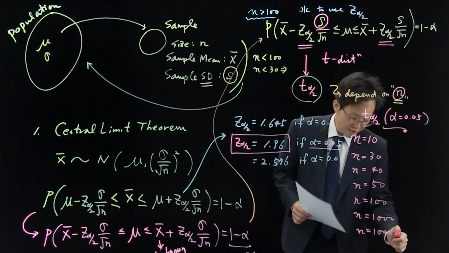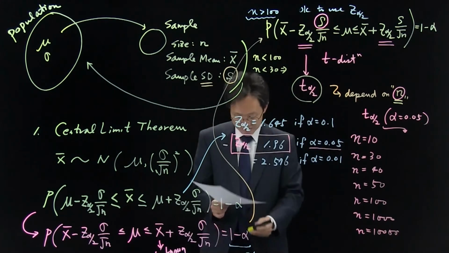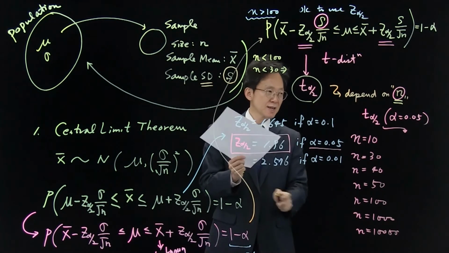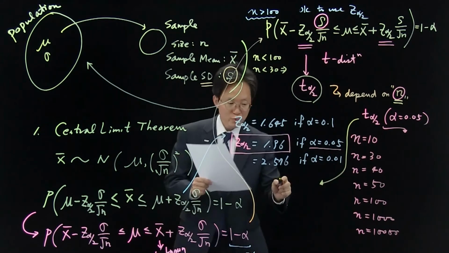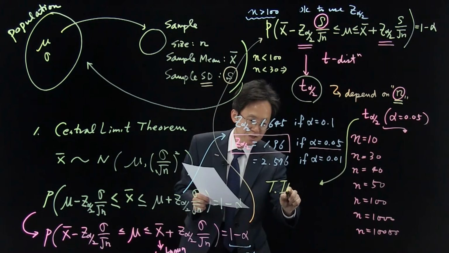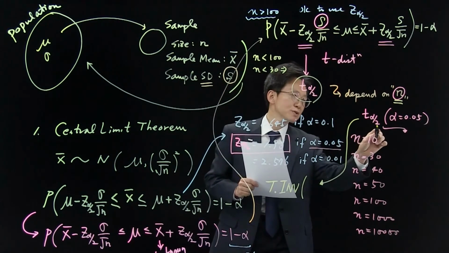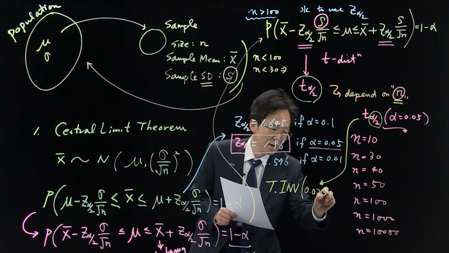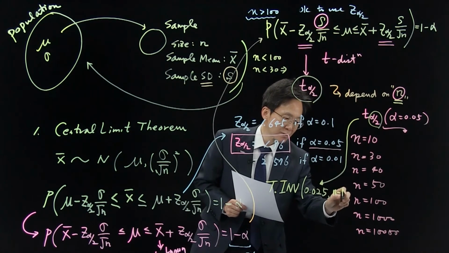I already talked about this during our last lecture. We have to use Excel. In the Excel function, we will have T.INV, and then you put alpha over 2, which is 0.025, and then you have to put n minus 1.